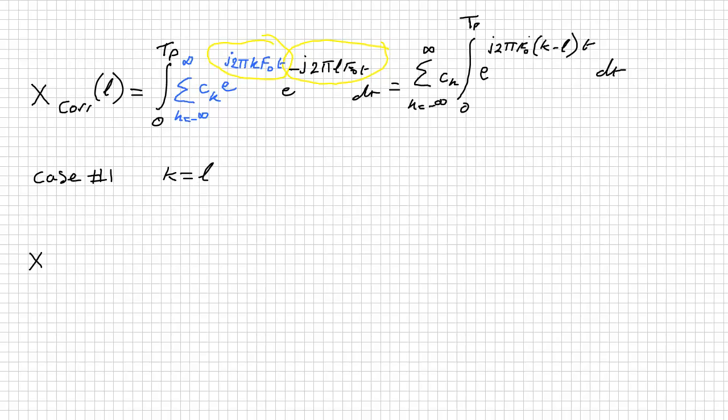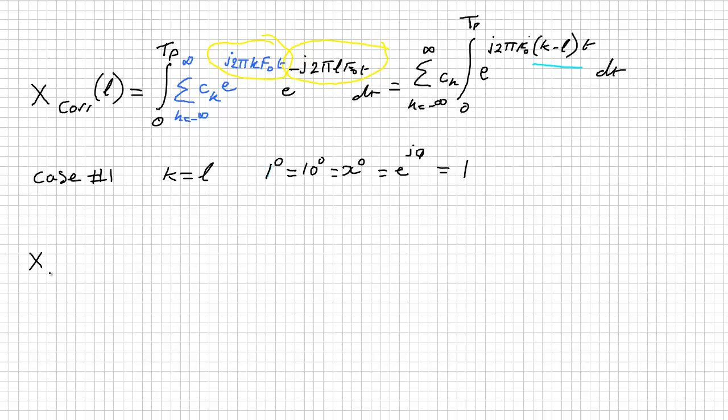Well, if k is equal to L, then k minus L will become 0, and if that becomes 0, then it makes life a lot simpler, because anything to the power of 0, so for instance 10 to the power of 0, is the same as x to the power of 0, which is the same as e to the j0, and of course the answer is always 1.